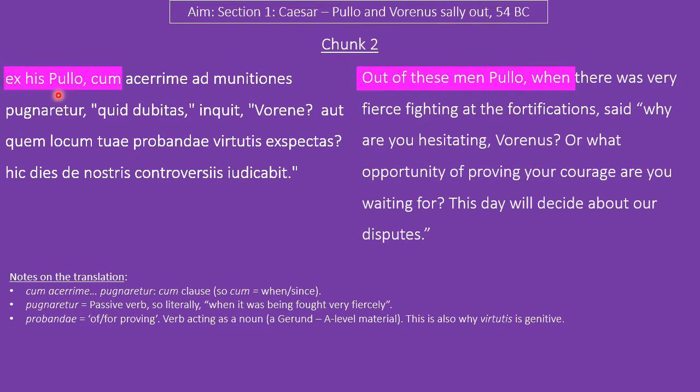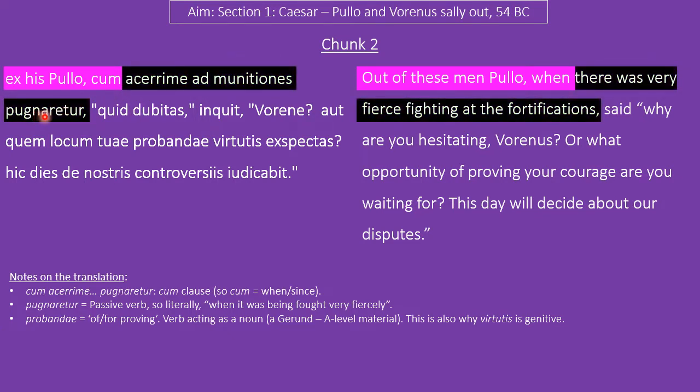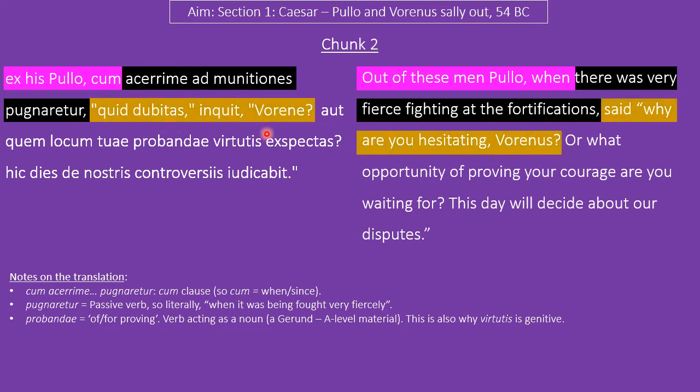Ex his Pullo, out of these men Pullo, cum can mean with if it's in front of an ablative noun, but if it's got a subjunctive verb, it will mean when or since. So when, literally, it was being fought, acerrime, very fiercely at the fortifications, but you might want to say when there was very fierce fighting. Quid dubitas inquit Vorene? Why are you hesitating, he said, Vorenus.